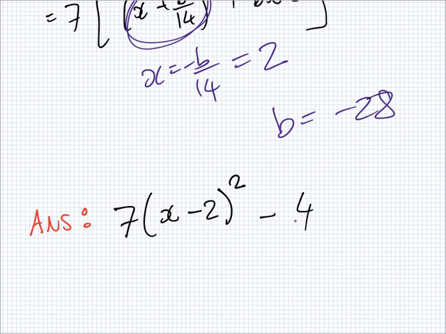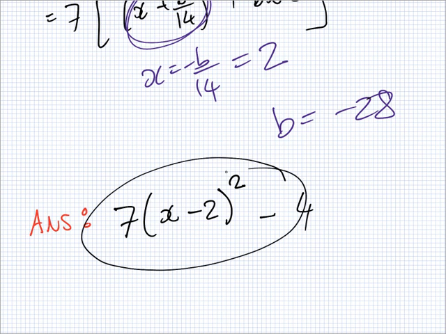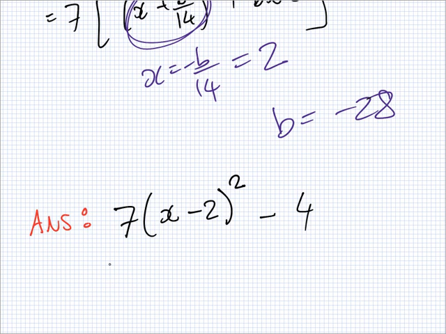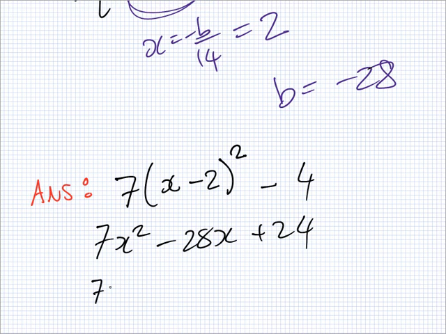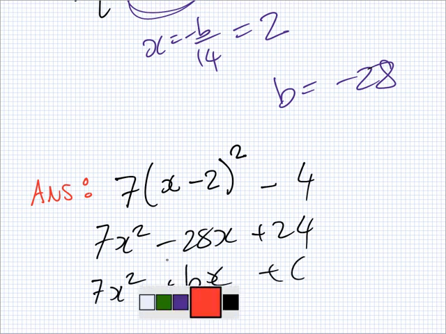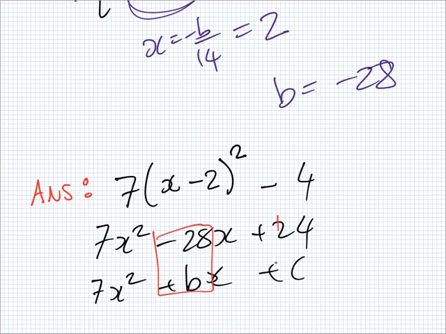And I knew this needs to be minus 4, because the total here should be 24 when x is 0. Now if I expand this, I'll get 7x squared minus 28x plus 24. And my question is 7x squared plus bx plus c. So I can see that the b is minus 28 and the c is 24.